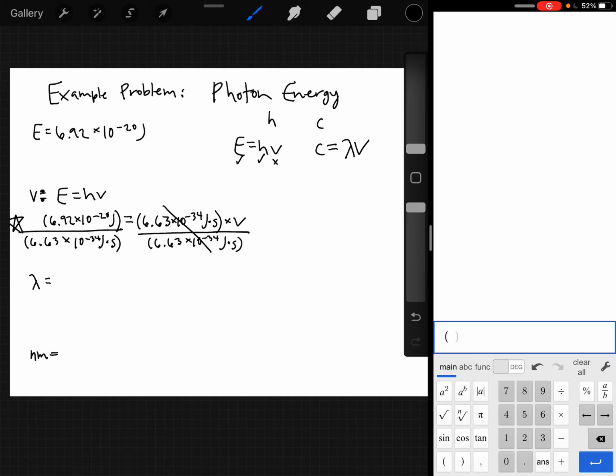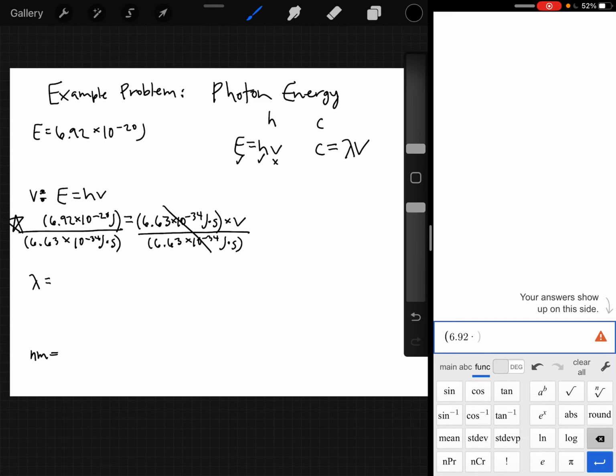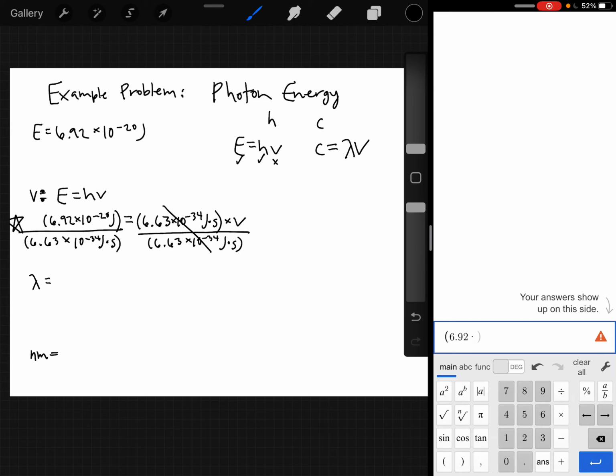So take a look to the right of the screen. I'm going to put parentheses, 6.92 times 10 to the negative 20th, and then close my parentheses.